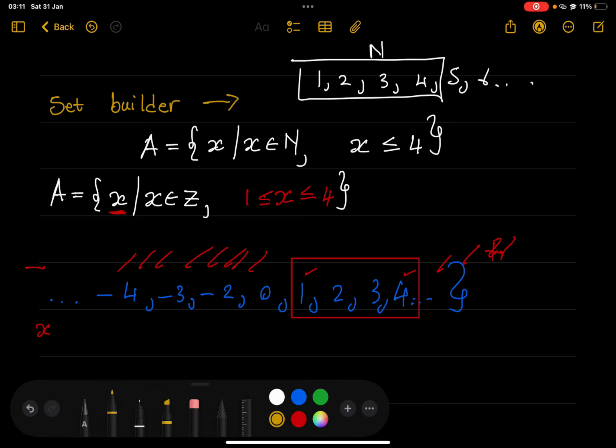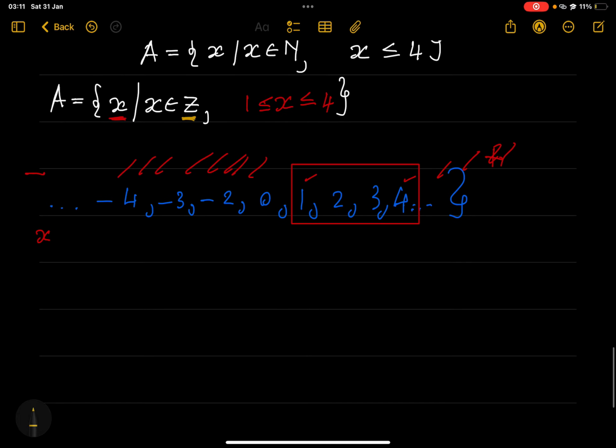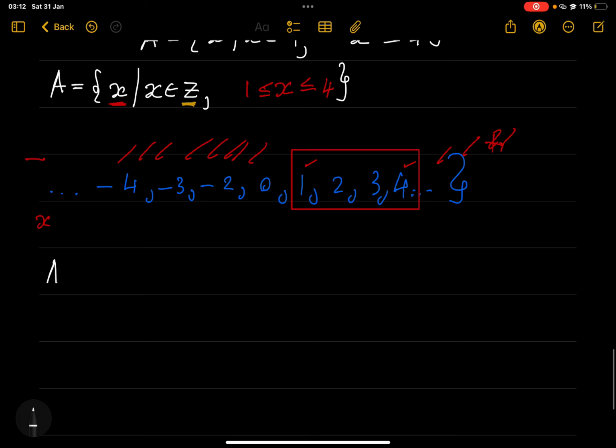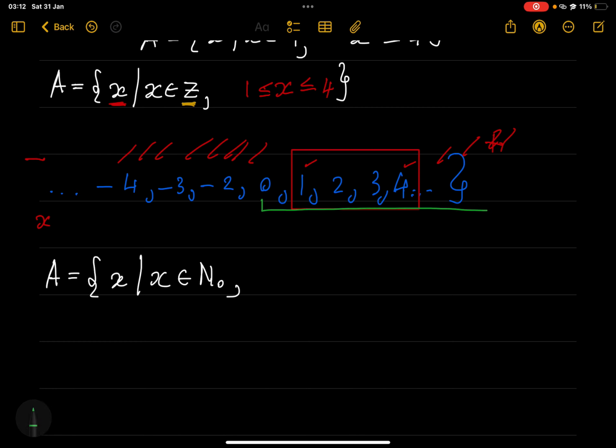Here you chose integers. Understand? So let's say someone chose whole numbers, which means I will say X such that X is an element of whole numbers. I know whole numbers start from 0 going up.